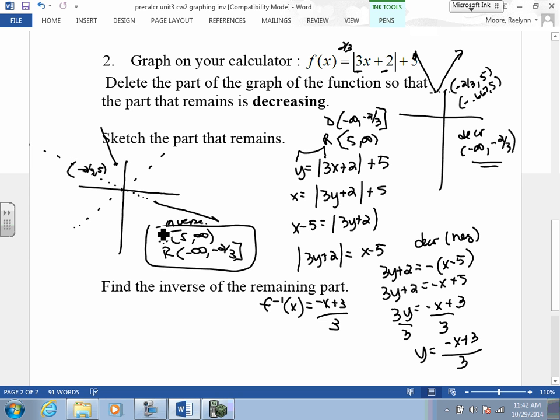So I'm just going to separate this so that you can see the actual line. Negative 1/3 x plus 3. I just separated it. Oh, sorry, plus 1. 3 over 3 gives us 1.